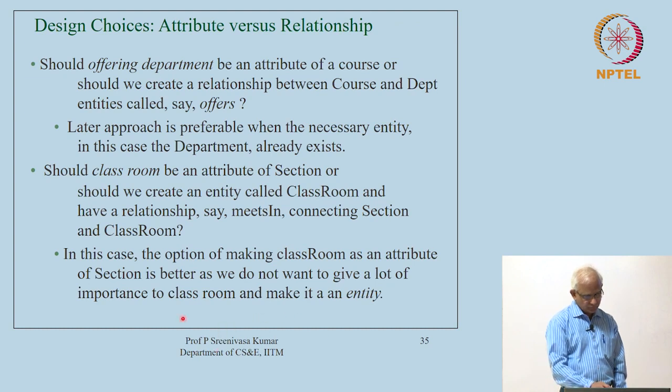In this case the option of making classroom an attribute is better, as we do not want to give a lot of importance to the classroom and make it an entity, because we are not required to keep track of additional information about classroom as per our specifications. Okay. So this is one interesting point.